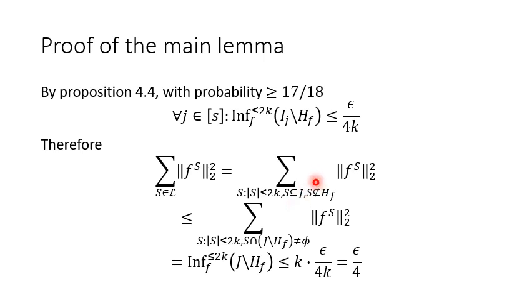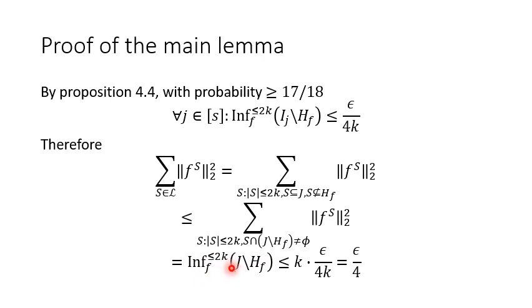Let's observe that those sets have some element which is not in HF, but it is in J because they are contained in J. So they must have some intersection with J minus HF. So this sum must be bigger than this sum. Now this sum, according to proposition 2.9, is equal exactly to this sum.